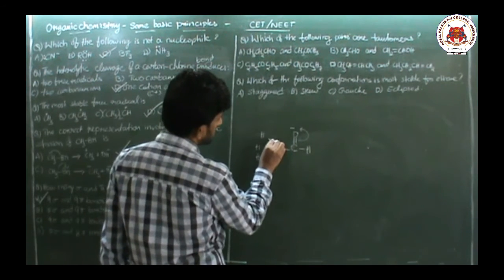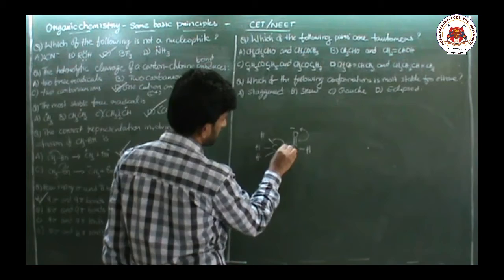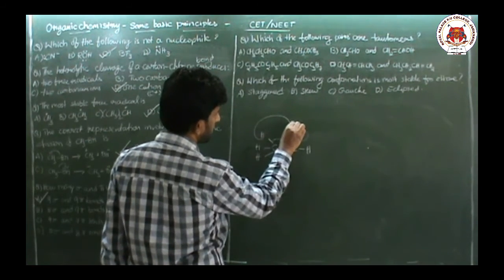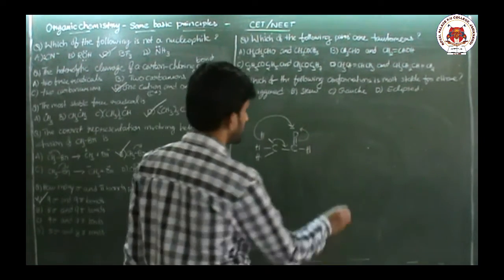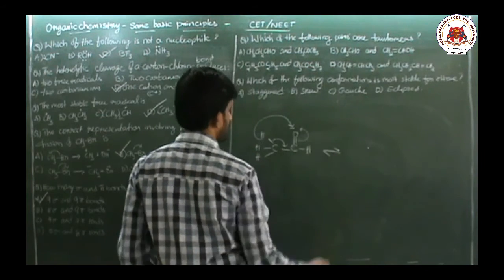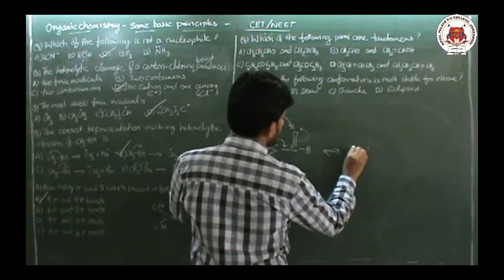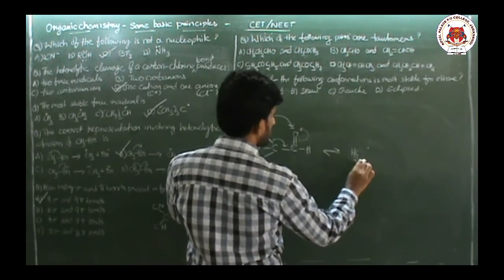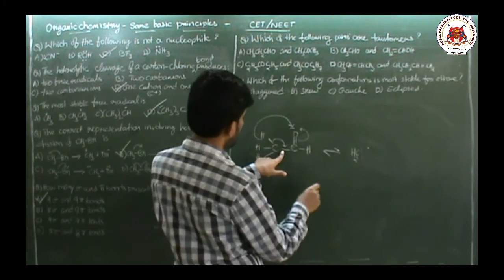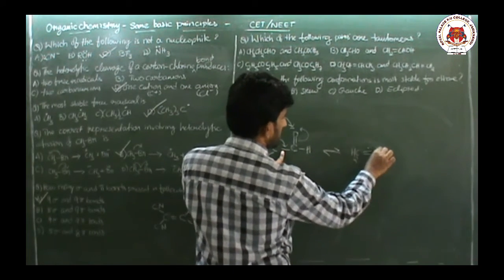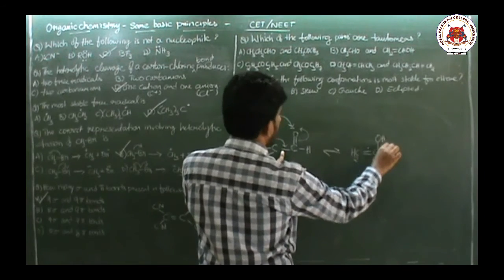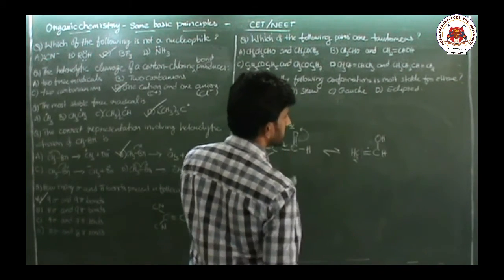To balance the positive charge, this bond electron shifts here and the proton goes and attaches here. So this isomerization can be written like this: CH2, because one proton shifted, here double bond, here COH and this is H.